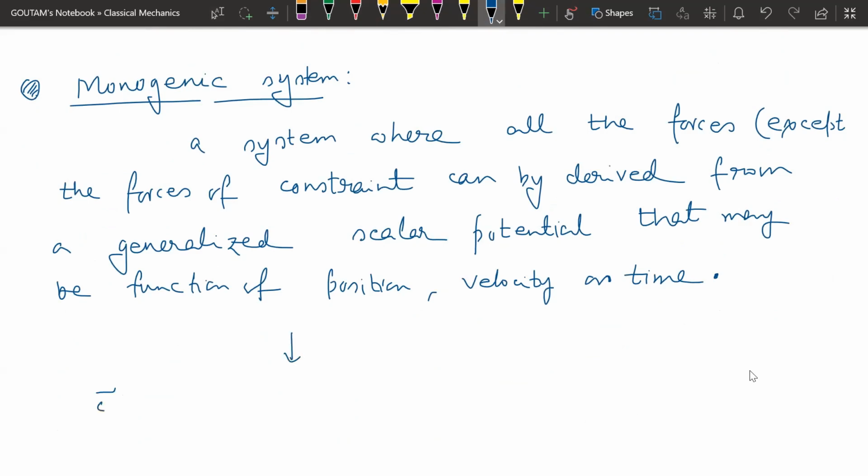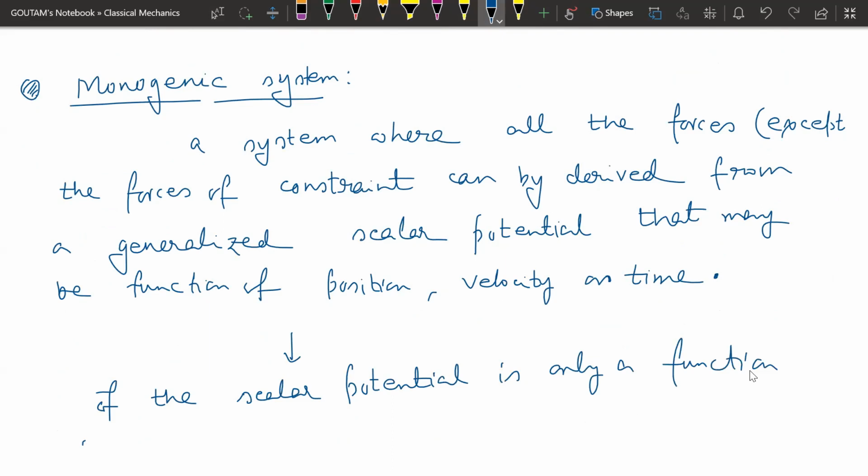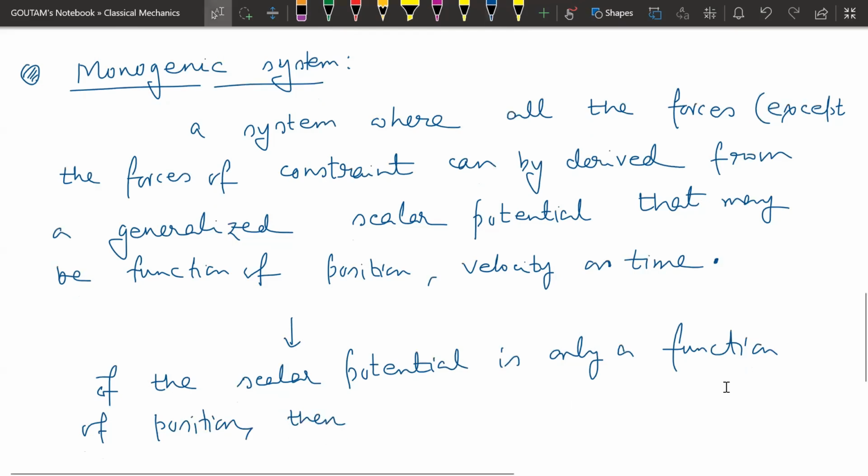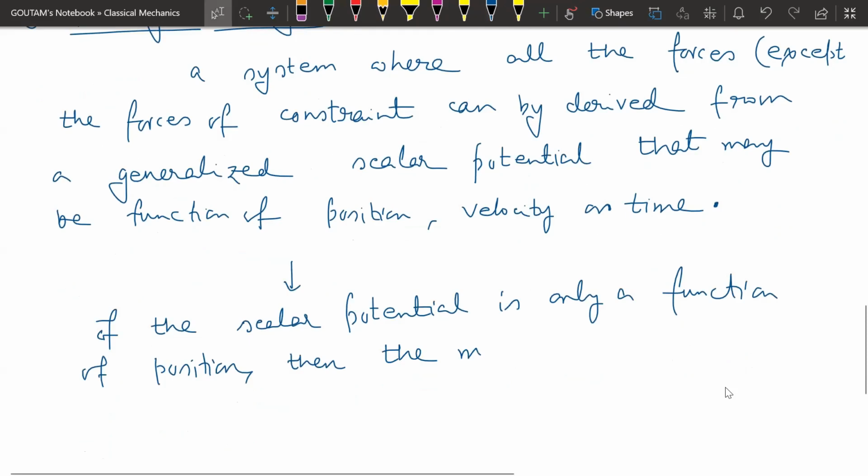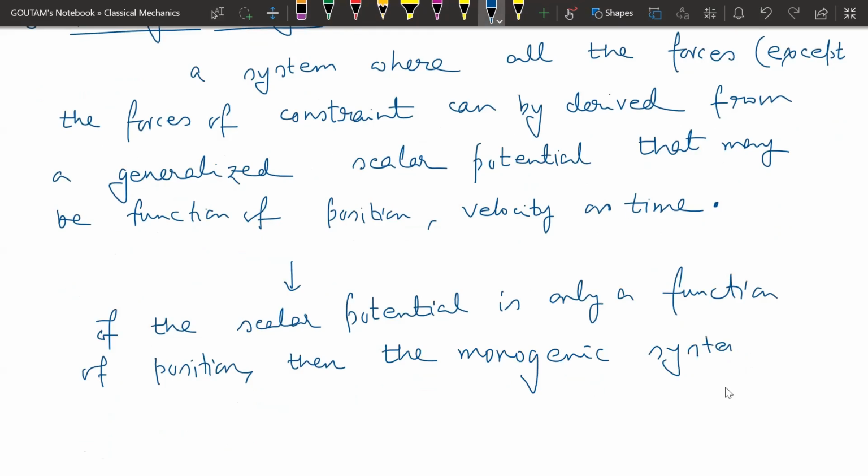So if the scalar potential is only a function of position, then the monogenic system is called a conservative system.